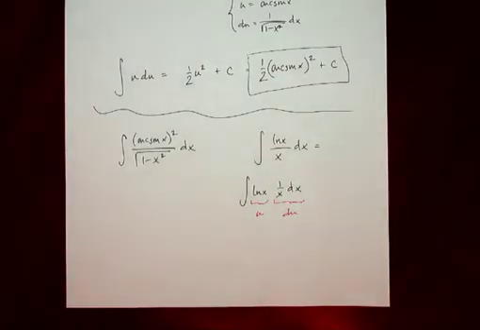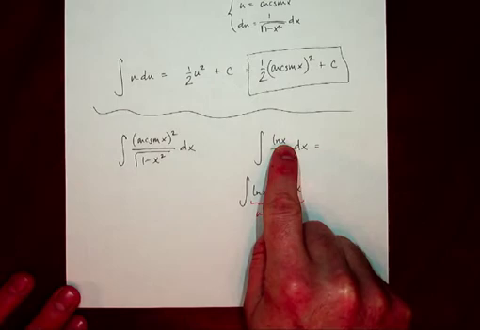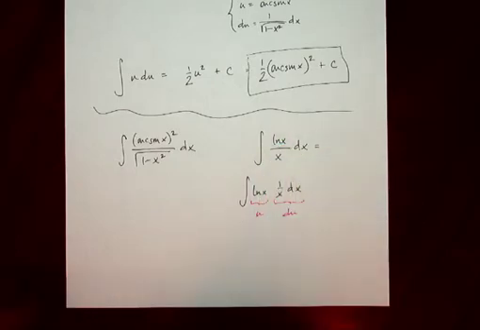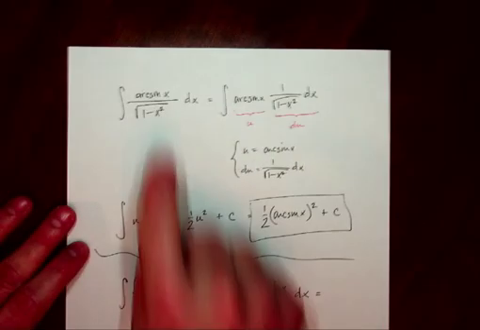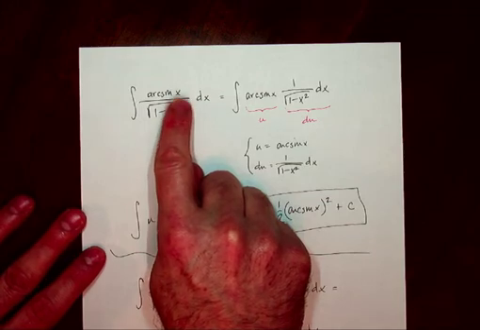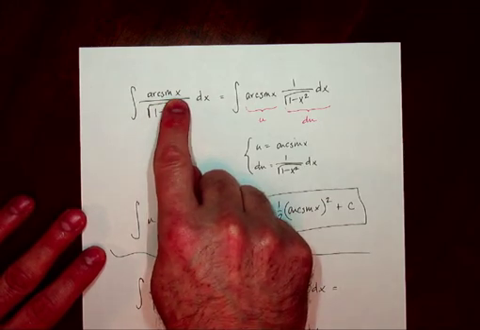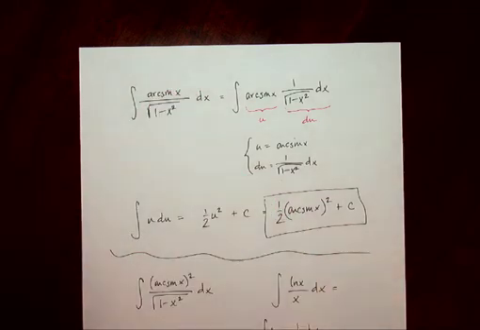So it happens from time to time in a whole variety of different ways, with a variety of different classes of functions is what I mean. But you need to be on the lookout for the fact that sometimes it's not the argument of the logarithm that's necessarily your u. It might be the whole logarithm. It's not the ratio of the inverse trig function. It's the entire inverse trig function that could be your u.